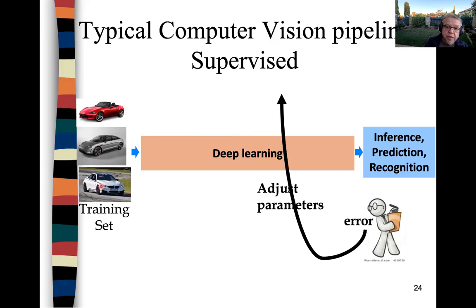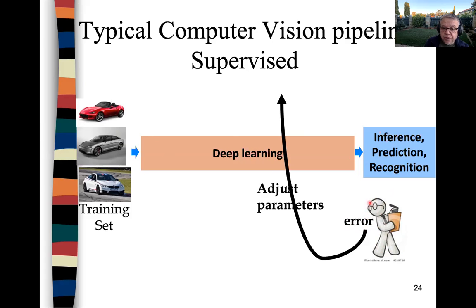So you have a training set with your end-to-end deep learning system, which has the objective of recognizing an object. Because you're doing it in a supervised way, you have a supervisor, an agent at the output. When you feed your input here and the system predicts that this is a red car, the supervisor would say yes, this is correct, or no, this is not correct.